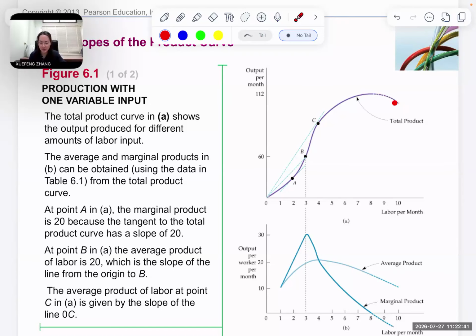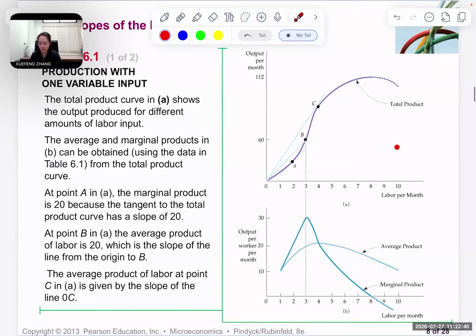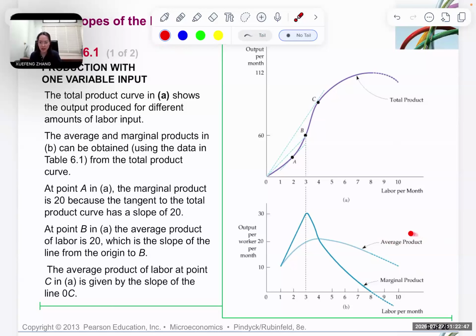This is the total product. The bottom graph, average product and marginal product curves, built directly from the slope of the top graph.